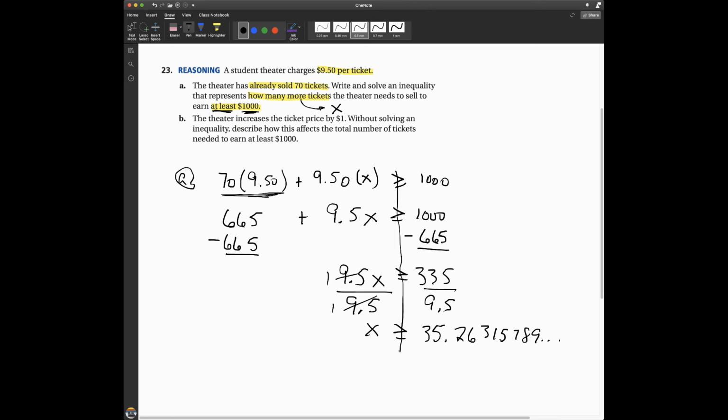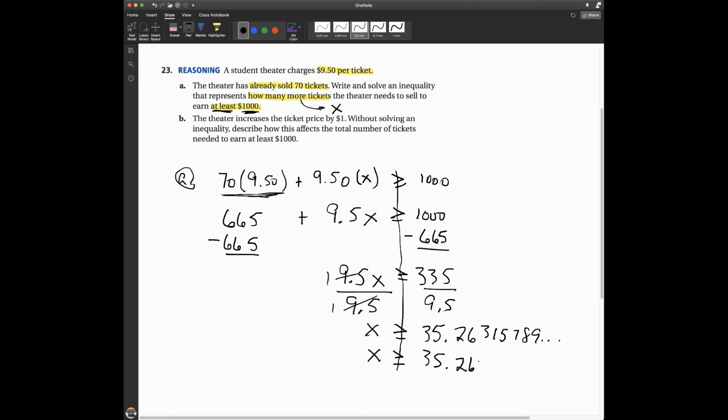But I can just estimate that, right? x has to be greater than or equal to approximately, let's say, 35.26. That's pretty close.